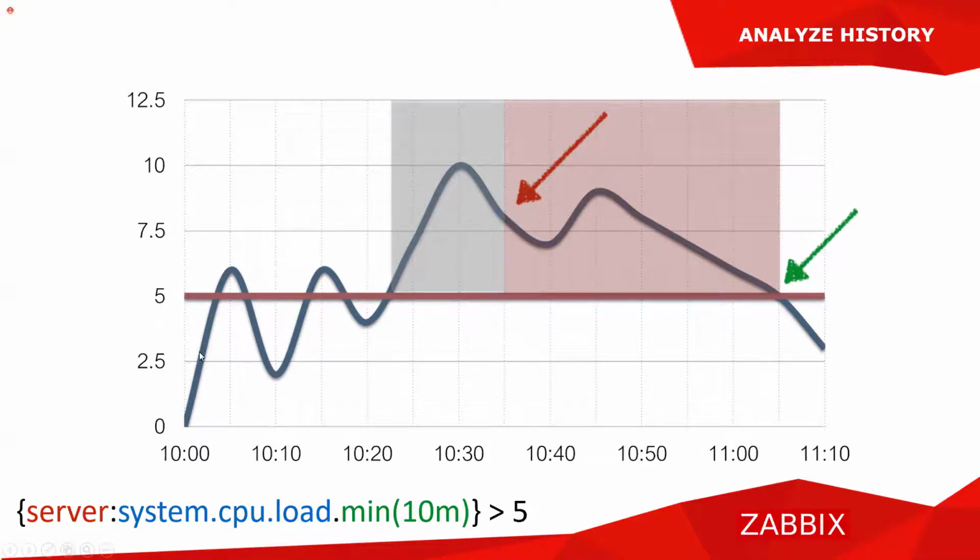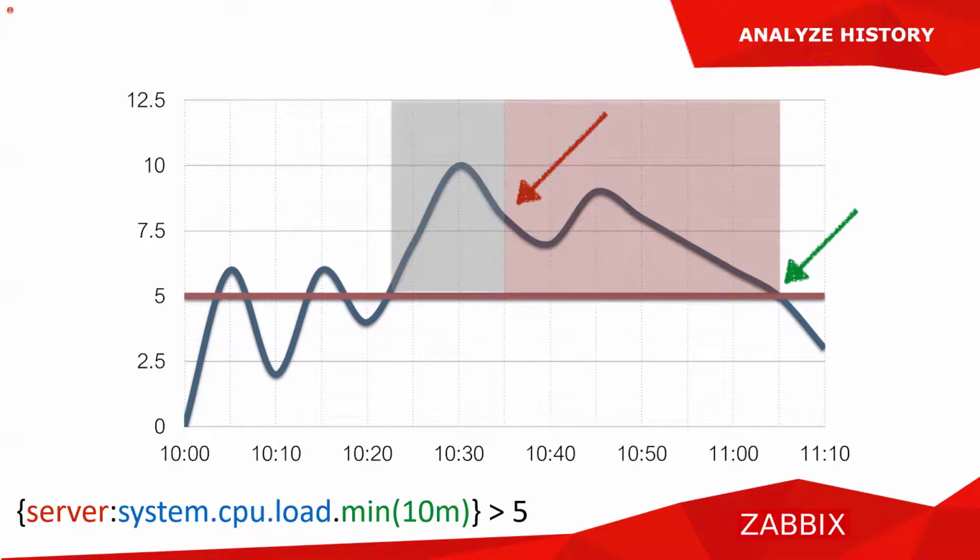So with the usual last method we would see the trigger firing at least 3 times and then being resolved again at least 1, 2, 3 times too. And we don't want that, we want as few as possible. So we decided to use the minimum value for the last 10 minutes.